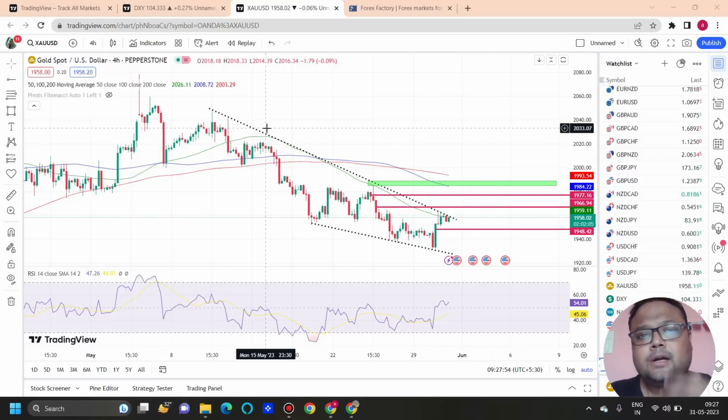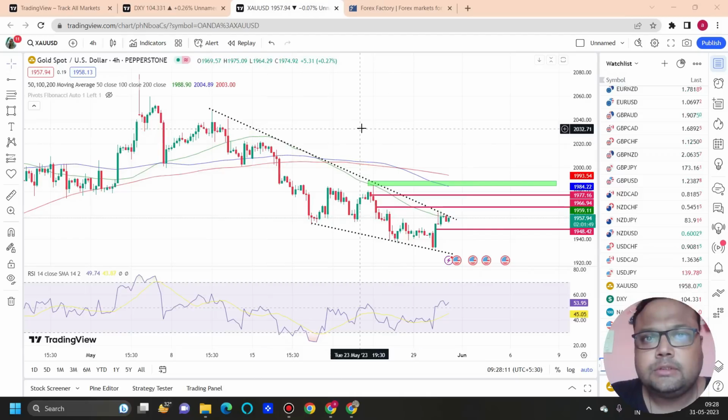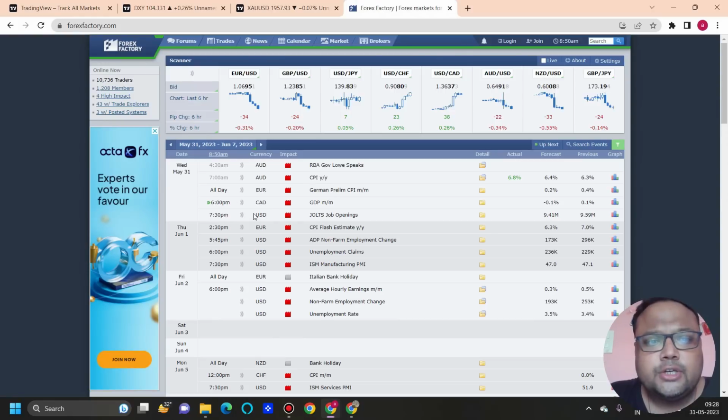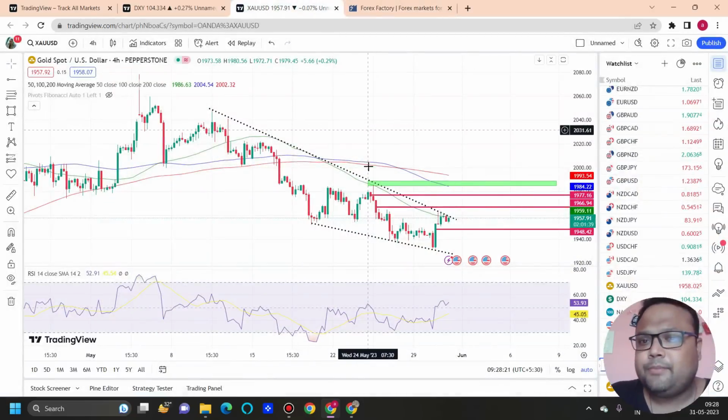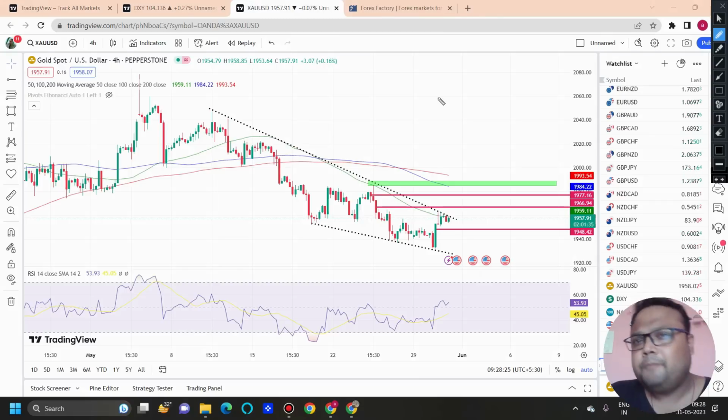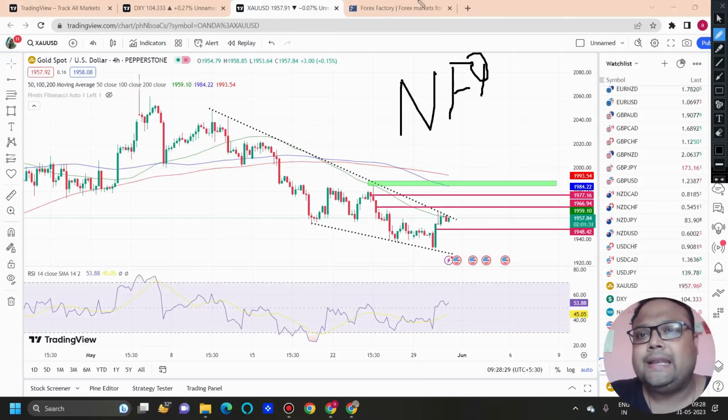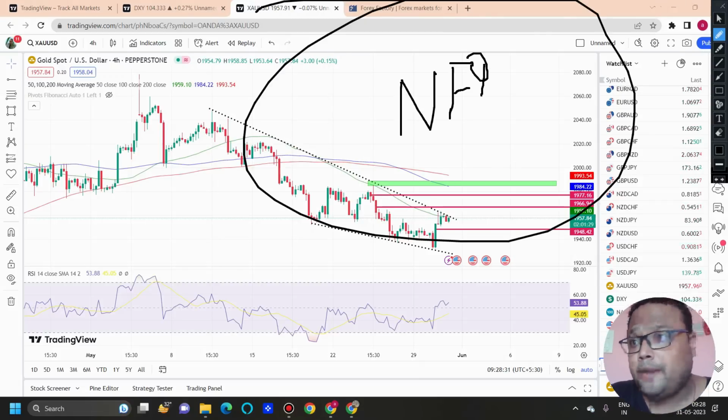First of all, a wedge pattern. A wedge pattern is a trend reversal pattern. And during the US session, we also have some news. So if the market pushes, then there is a possibility that we may get to see an upside. But right now, there is a high chance that the market is waiting for NFP, non-farm payroll.